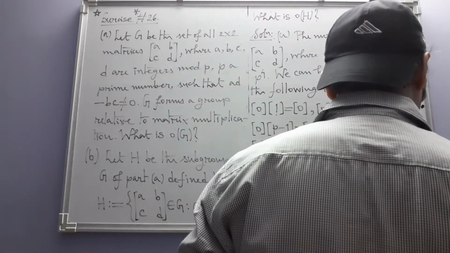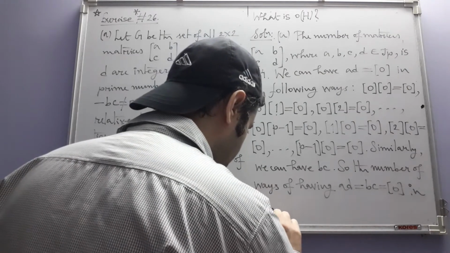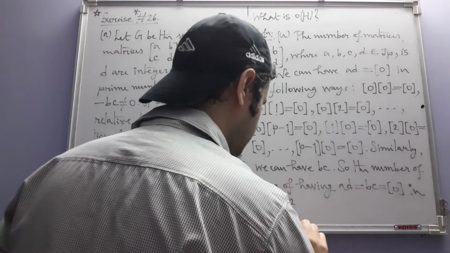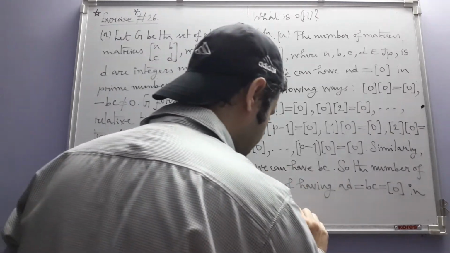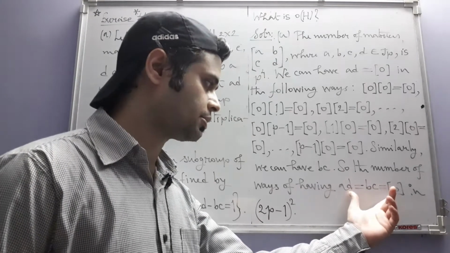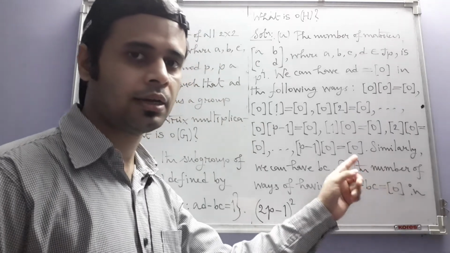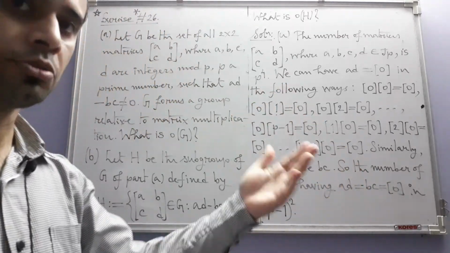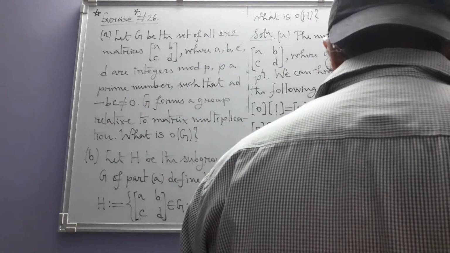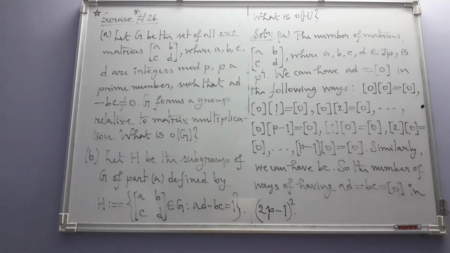In (2P minus 1) squared number of ways, we have already written. But this is only one situation. Apart from 0, we can have congruence class 1 or 2 or 3, so those things are still there. So for them, what shall we do? Let's see what we can do.